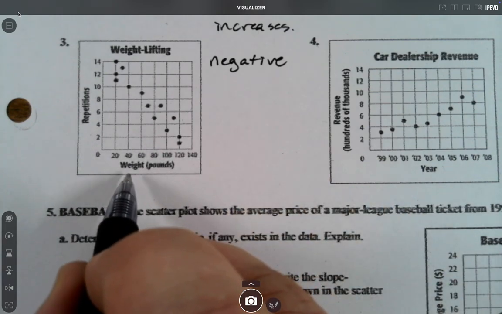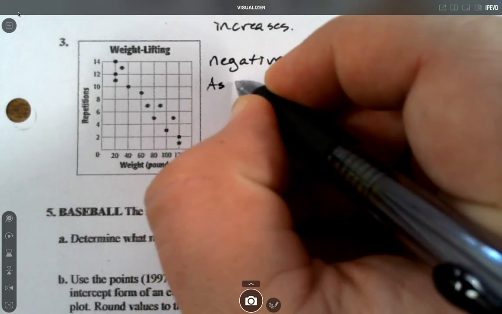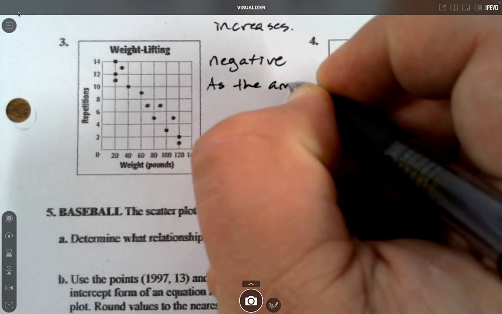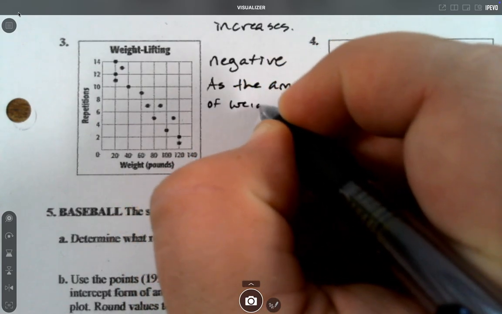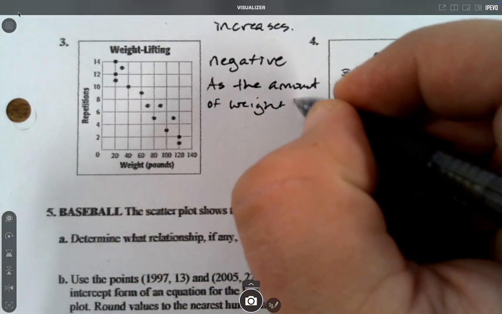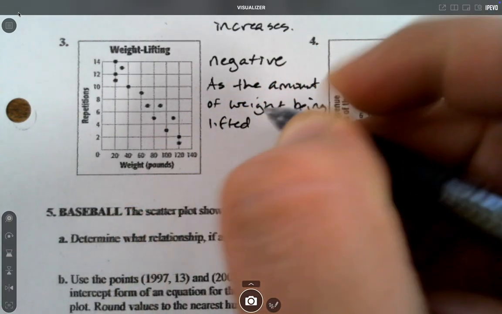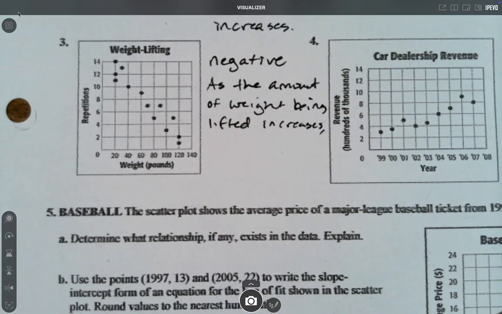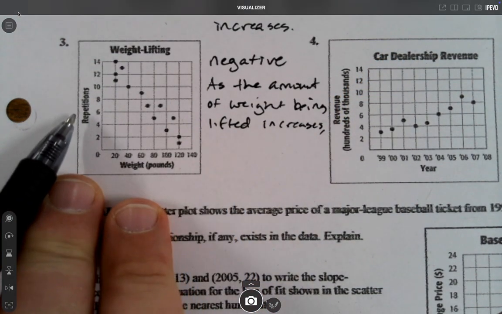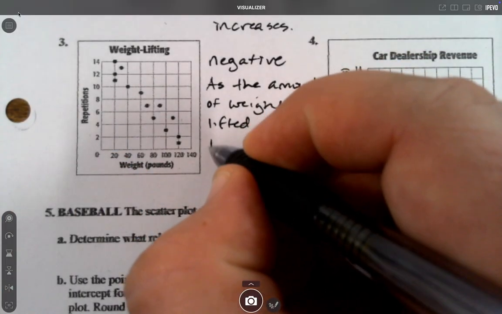So again, we always start by saying as this increases. So as the amount of weight being lifted increases, the number of repetitions the weightlifter does decreases.